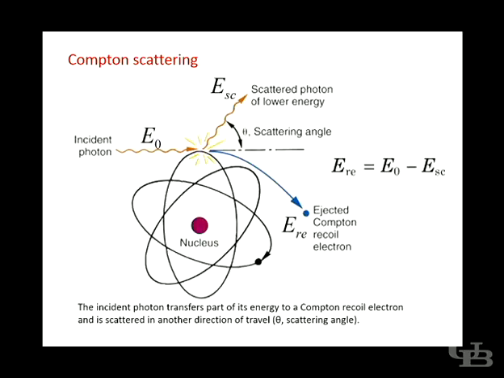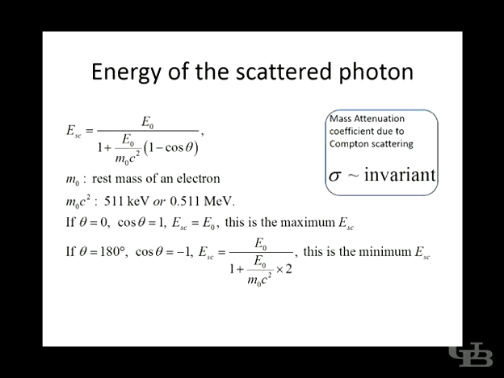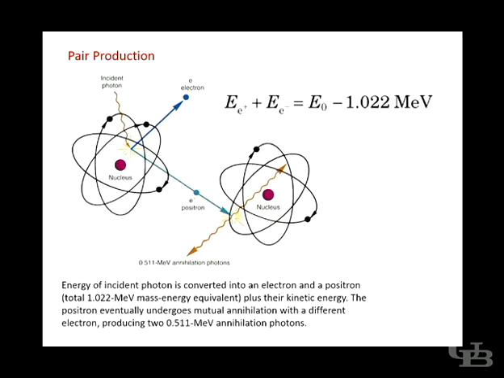So Compton scattering is an interaction that's not useful for detection. I'll skip this slide. It just shows that depending on the angle of reflection, the energy of the scattered photon is different.